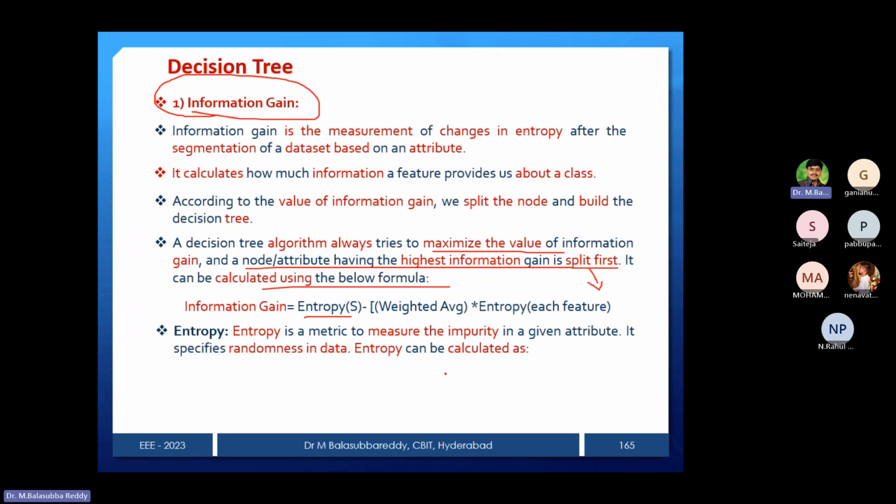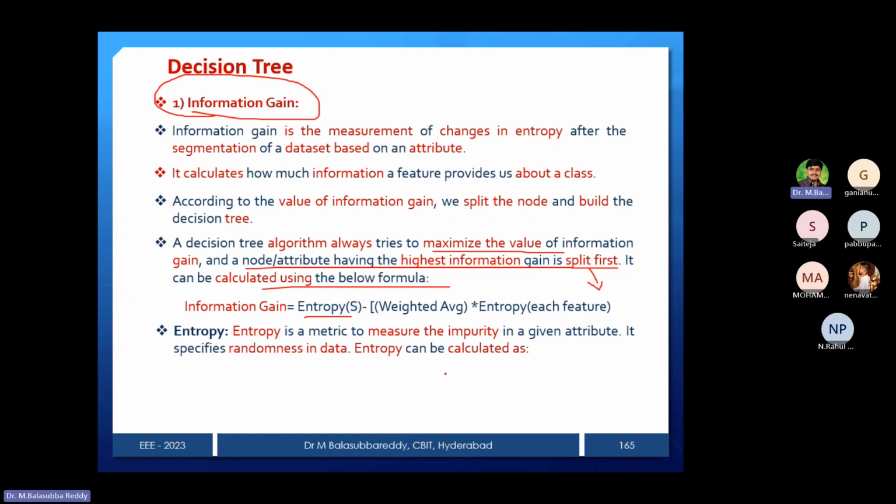So in the given data set, we have to find what the impurity level is. So we have to measure the impurity.